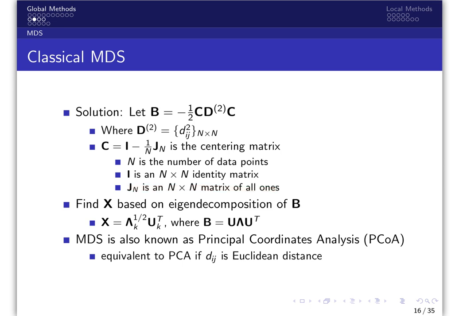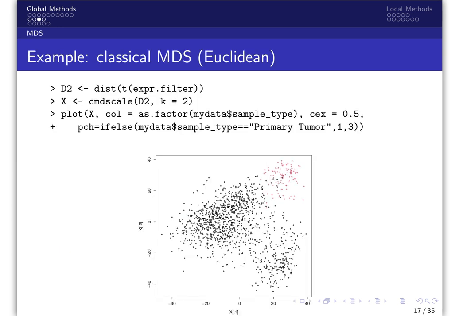Then the k largest eigenvalues and corresponding eigenvectors of B are determined, where k is the number of dimensions desired for the output. Then the new X matrix is obtained using this matrix calculation, where U sub k is the matrix of k eigenvectors and lambda sub k is the diagonal matrix of the k eigenvalues of B.